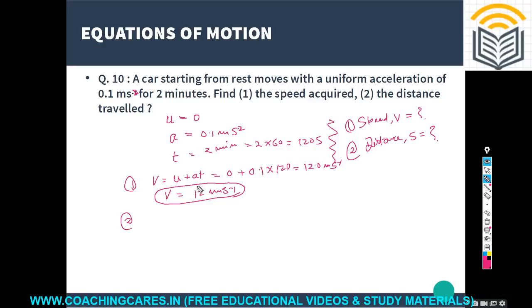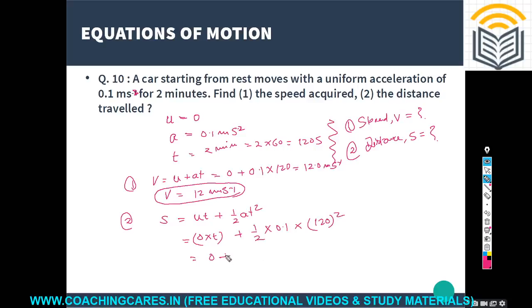Now for the second solution we need S. We know the equation of motion S is equal to ut plus half at square. We'll put all the values. U is 0 plus half, A is given 0.1 and t square, it is given 120 square.